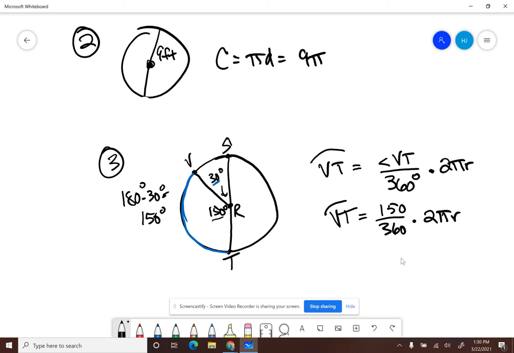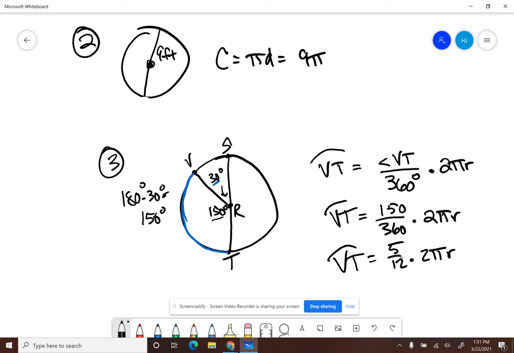And this is when a good calculator really does help you out. So 150 divided by 360 comes out to 5/12, okay? So let's just keep our work going down. We've got 5/12 times 2 pi r.